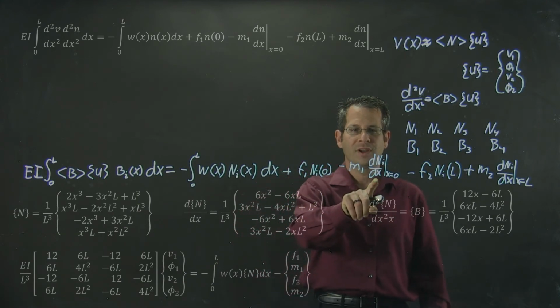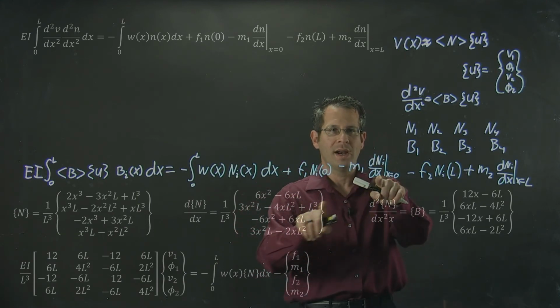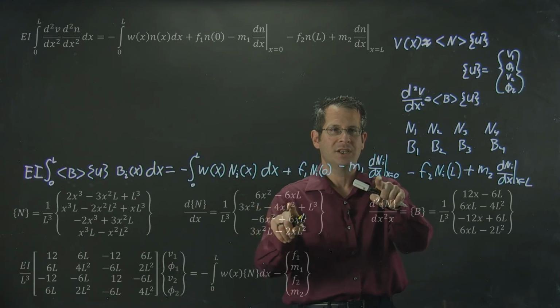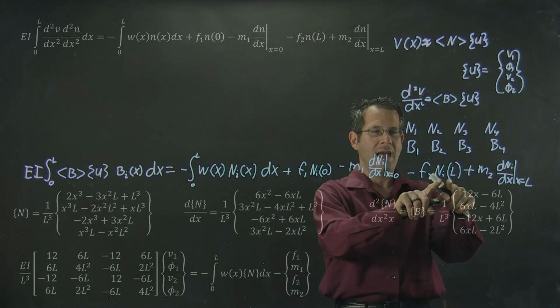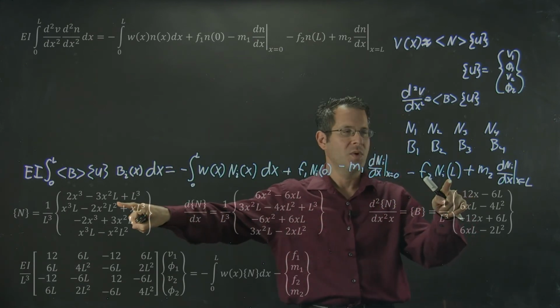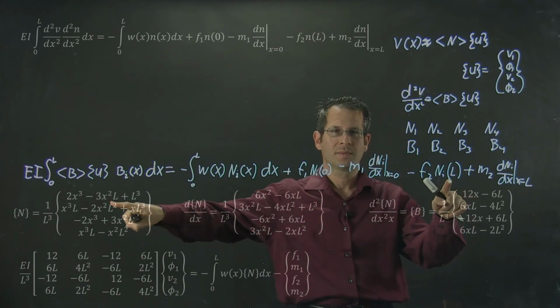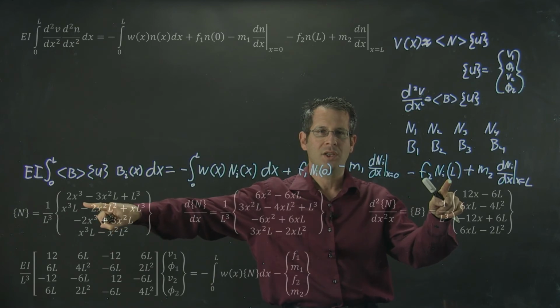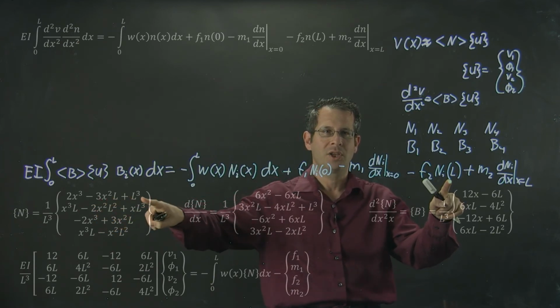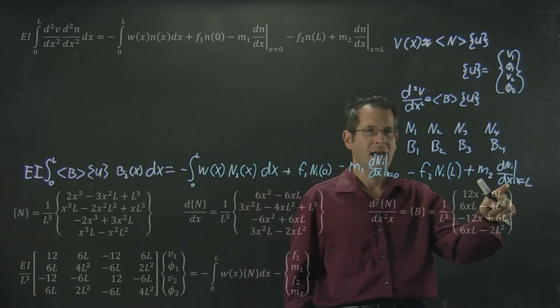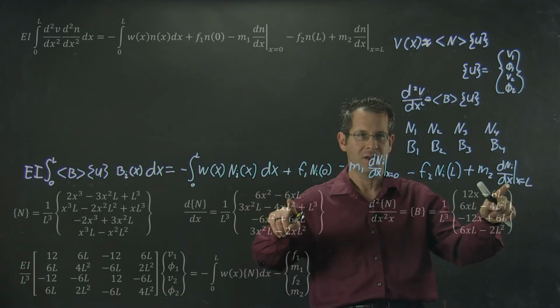The first derivative of N1 is here, evaluated at 0. This will go to 0. It'll turn out N1 evaluated at L, where I'll have 2L cubed minus 3L cubed plus L cubed will turn out to be 0. Likewise, the first derivative evaluated at L will end up being 0.